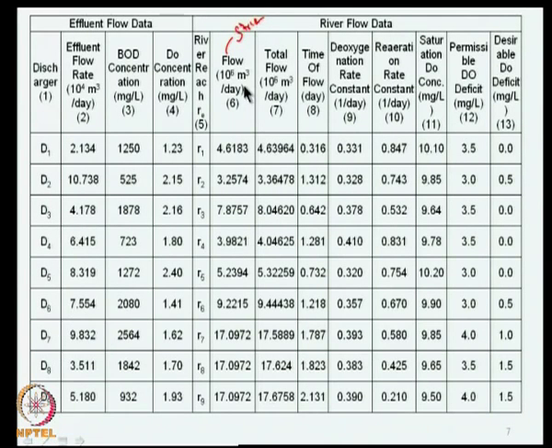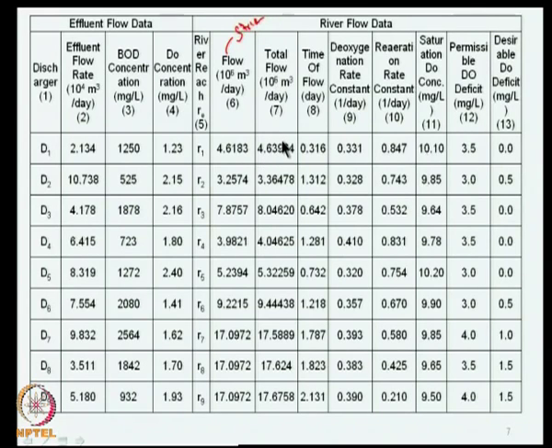Then you add the stream flow plus the effluent flow. This is per day, this is per day, but remember this is 10 to the power 4 here, 10 to the power 6 here, and then you get the total flow. Now, these many digits are written because it is 10 to the power 6, and then you are also adding 10 to the power 4 here.